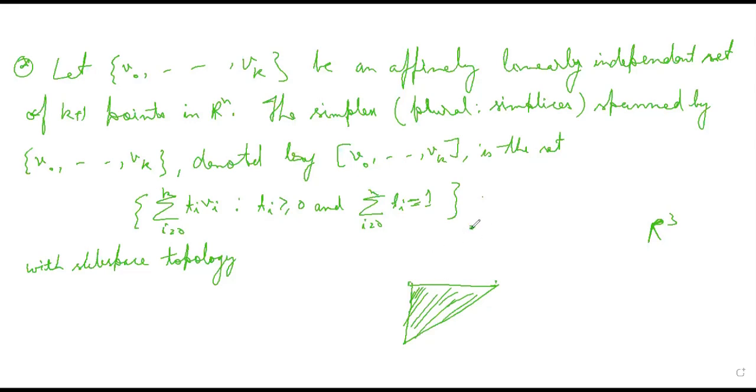If we take it like this, then this is V0, V1, V3. Now, this will give this.